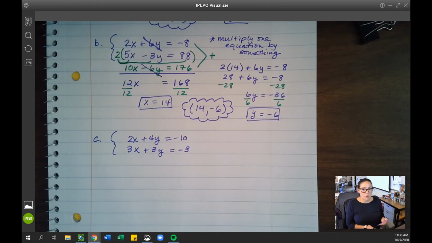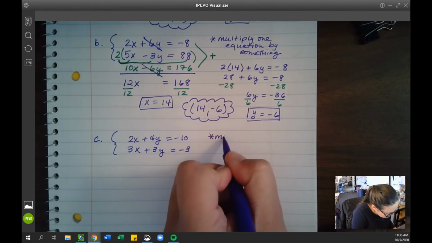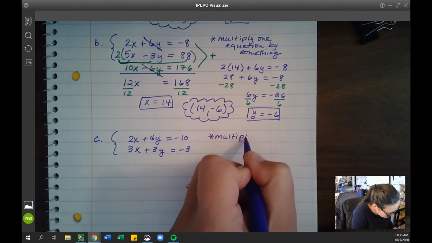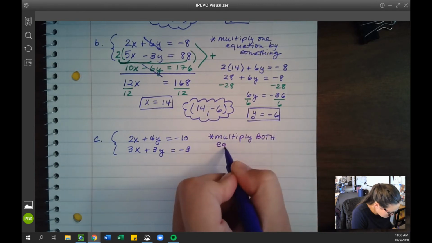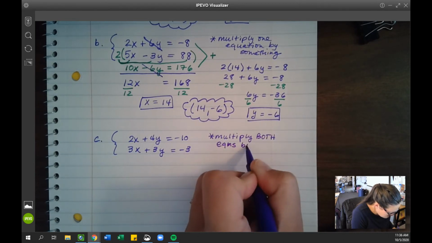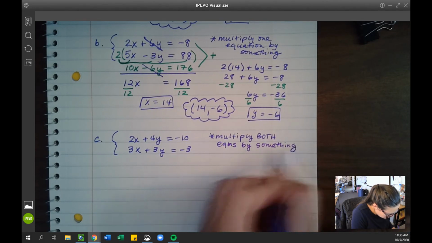Okay, so why is this stepping it up a level? Well, in order to make something eliminate, I'm actually going to have to multiply both equations by something, then add.